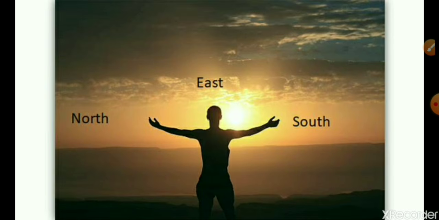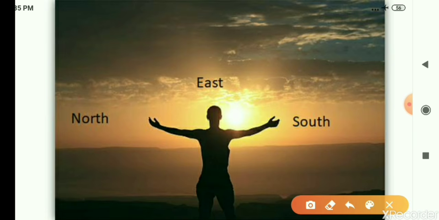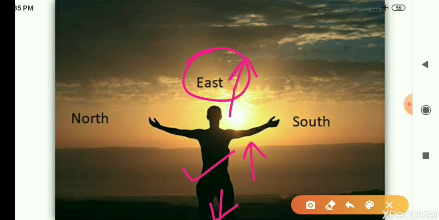Here in the picture, what is happening? Here is a boy, okay, who is facing the sun. So the face side is east, and just behind it will be west. East, west.